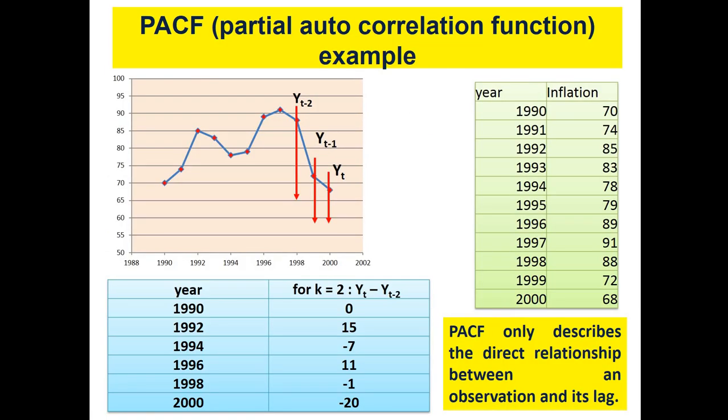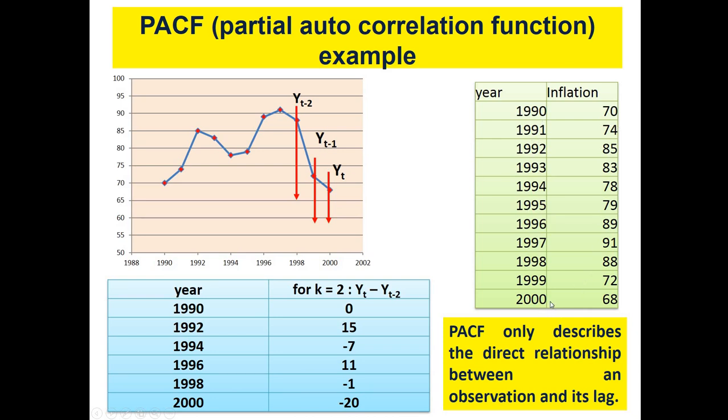Now you can see in this example, let's say a prediction problem, the sales of a company. yt minus 1, the timestamp before, and 2 timestamps before, are expressed like this. And let's say this is the year and this is the inflation.